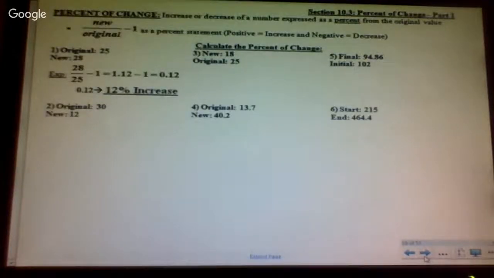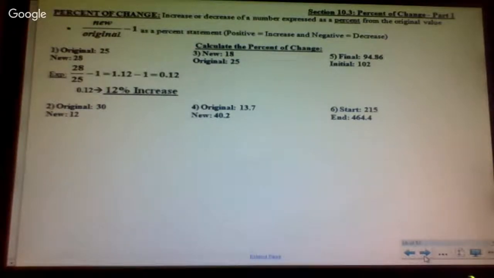Okay. This is the last piece. So, this is really, really easy. Please do not tune out though because you think it's easy. Percent of change. This is the increase or decrease in numbers.